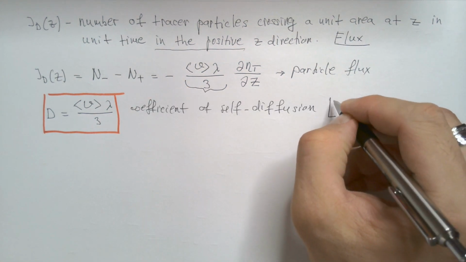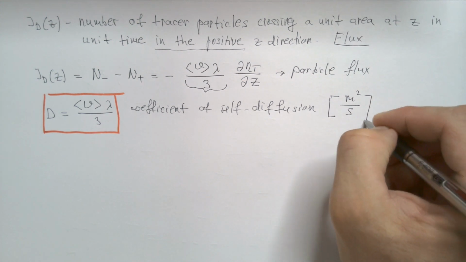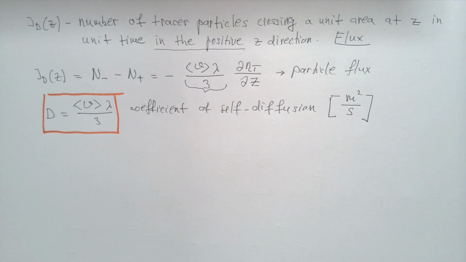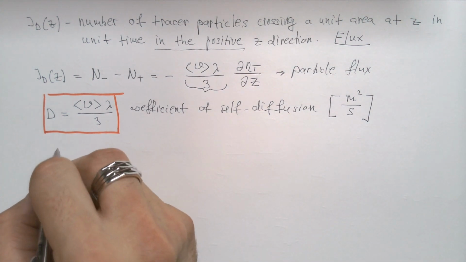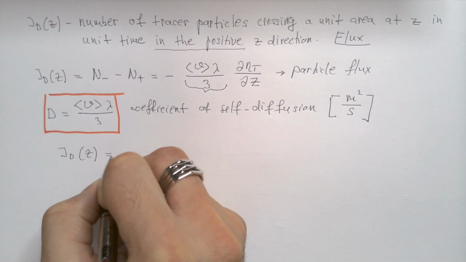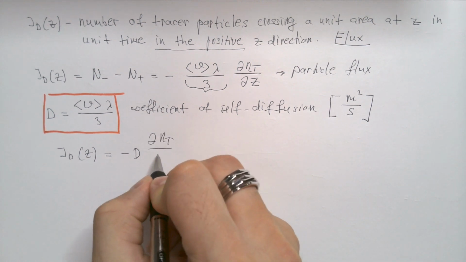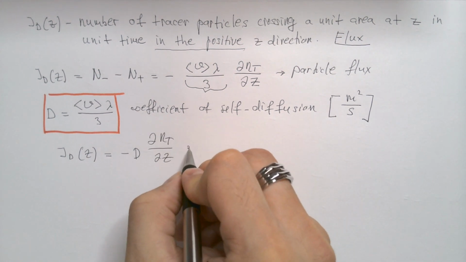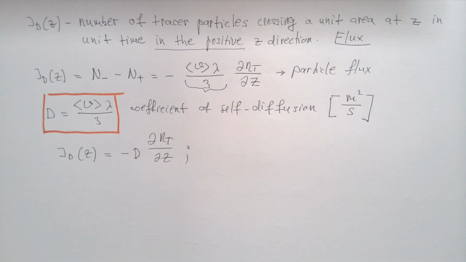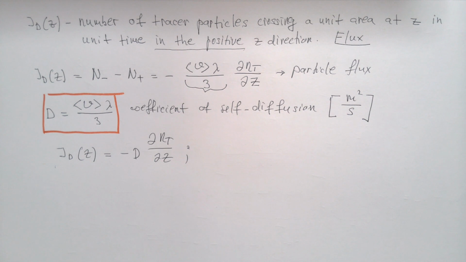You can see that the units are meter squared per second in the SI system. And now we can say that particle flux in the z direction is really equal to negative D delta n_t over delta z. A result we are all familiar with from literature, but in many cases, particularly in introductory courses, they just state this, but now you know how to derive it.